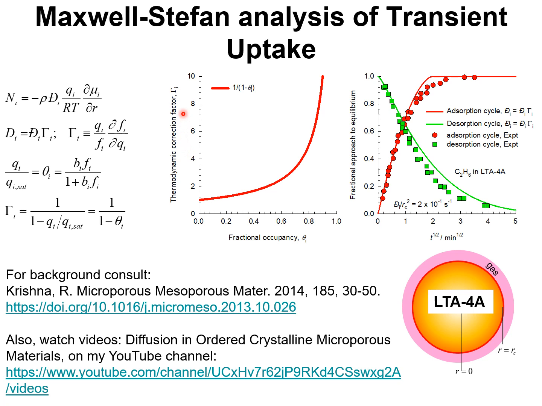And if we examine how the thermodynamic correction factor depends on the fractional occupancy, we note that at zero or very low occupancy, the thermodynamic correction factor is unity. But as the occupancy increases and approaches unity, the thermodynamic correction factor increases exponentially in this manner.